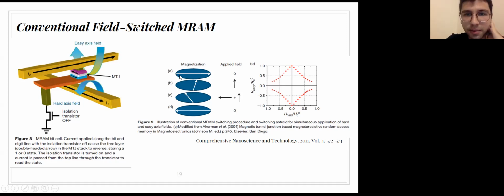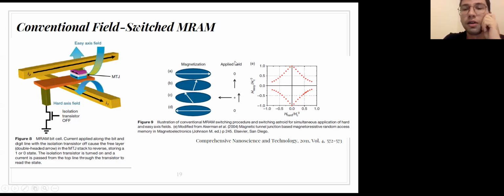Okay, in the free layer magnetization, we have a right arrow here, about 0, and the upper direction shows the hard axis field applied current, and magnetization goes here and up, which prepares us to be able to change easily when we apply the easy axis field. You see here the left arrow designates that effect, and when we turn both currents off, we see that we have changed the direction of magnetization.